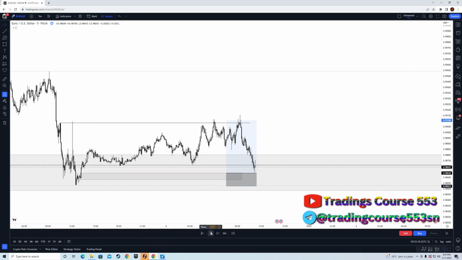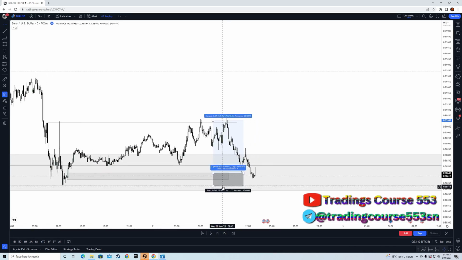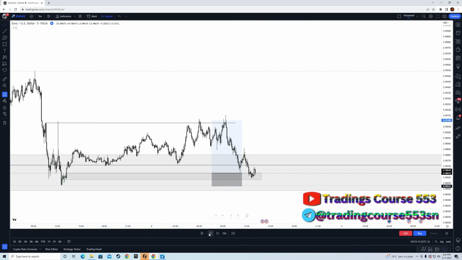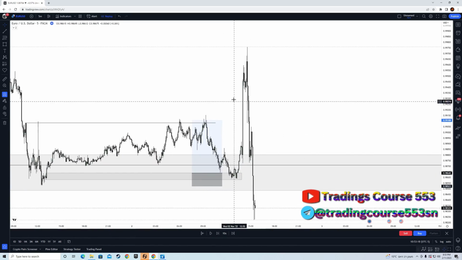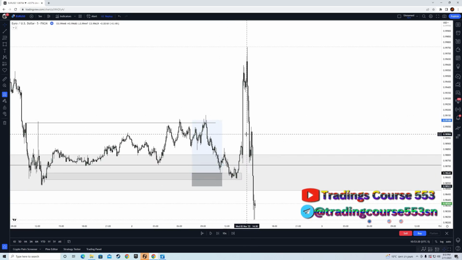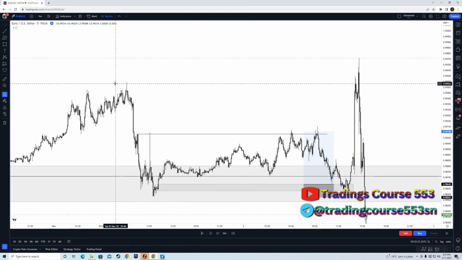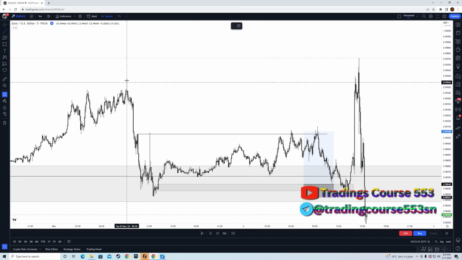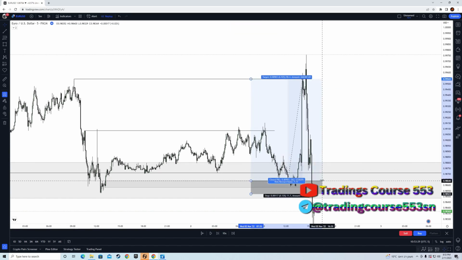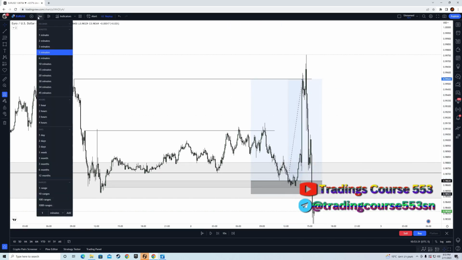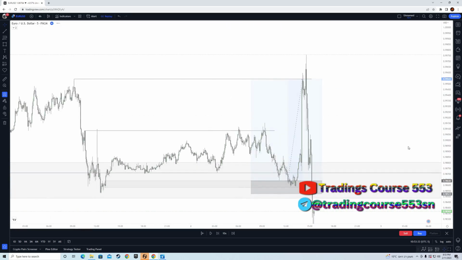So price comes back, taps in, right? And just watch that move. It's crazy. So price went ahead and took out this high right here. So remember, we knew that we were bullish for the past month, right?